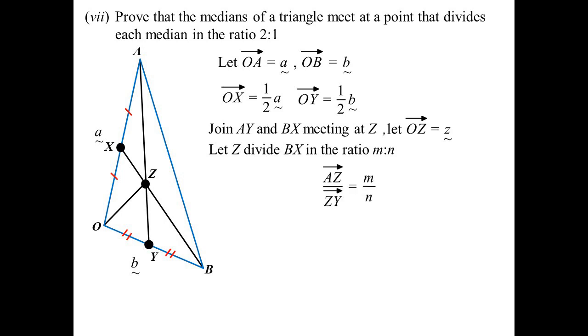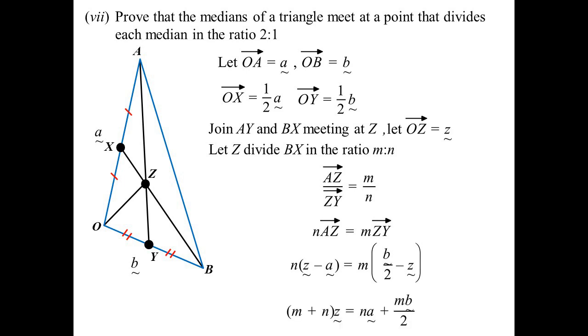All right, so the ratio of AZ to ZY I'm calling M to N. Cross multiply. Now vector AZ is head minus tail, so Z minus A. Same with ZY, we'll get B on 2 minus Z.